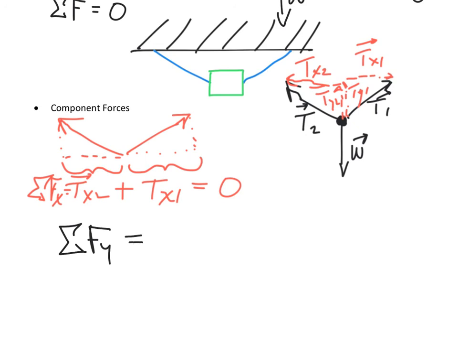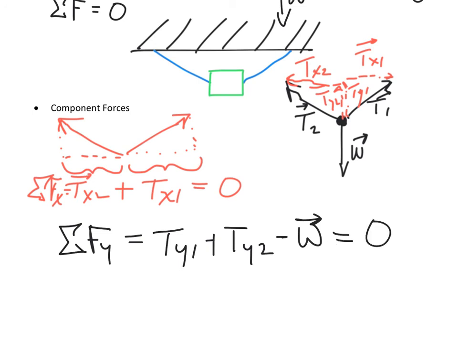Those forces are TY1 plus TY2, but we also have the downward force of weight, minus the weight force, and that equals 0 as well. We can find the weight by taking mass times the acceleration of gravity, and then from there we can move on. If we know the angles, we can figure the rest out.